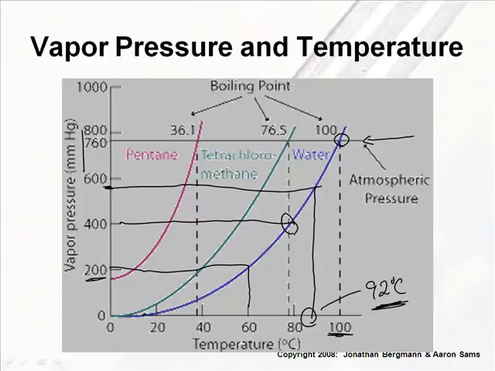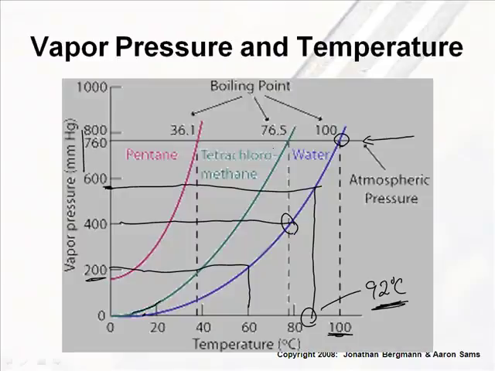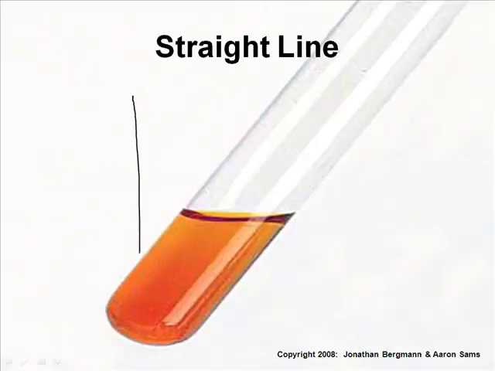Now, this particular line is a curve. And guess what? It has an equation. A mathematical equation. Yes, it does. In fact, if you plot a graph of vapor pressure versus temperature, and you wanted to draw a straight line, it will be the natural log of the vapor pressure versus 1 over the Kelvin temperature.